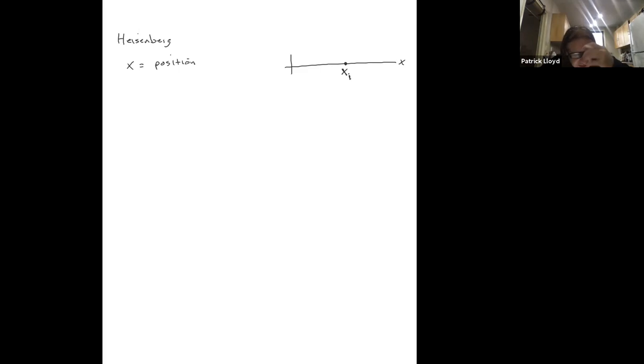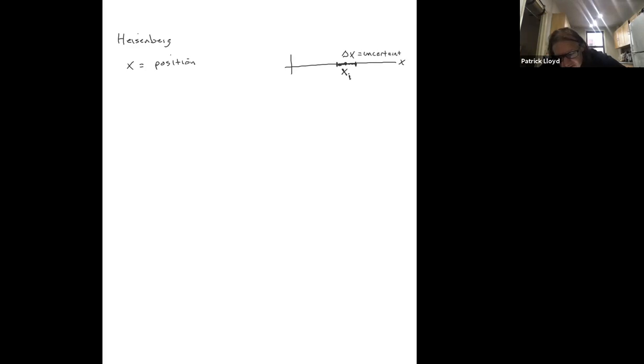Then you could say, well, imagine I don't know exactly where it is. Imagine that I think it's somewhere in this range here. Okay, right there. That's what you're talking about with uncertainty. It's somewhere in there, but I don't know exactly where. So this is what we call delta X, which is called the uncertainty.